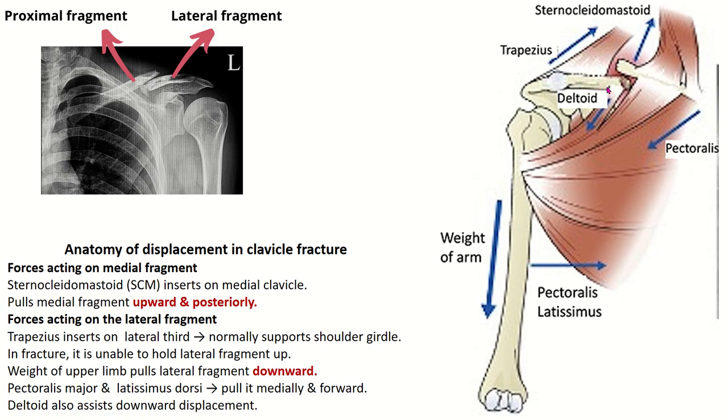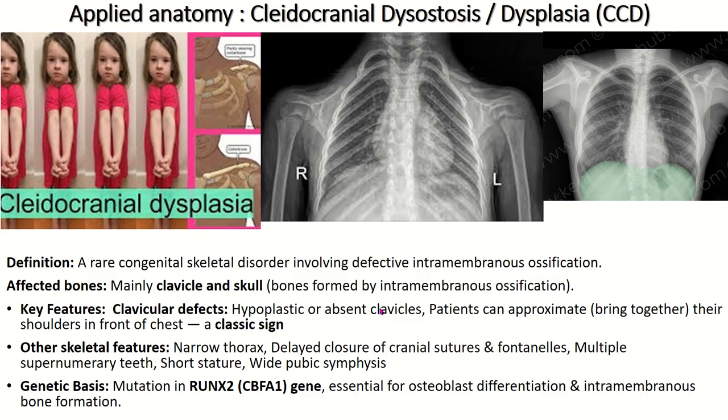This is the weakest point. The medial fragment goes upward due to the pull of the sternocleidomastoid muscle, and the lateral segment goes downward due to the weight of the upper limb, and it also goes medially due to the contraction of the pectoralis major muscle.